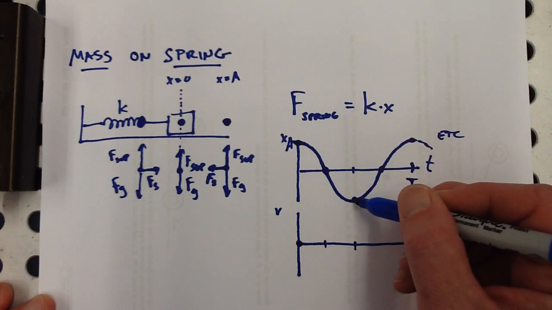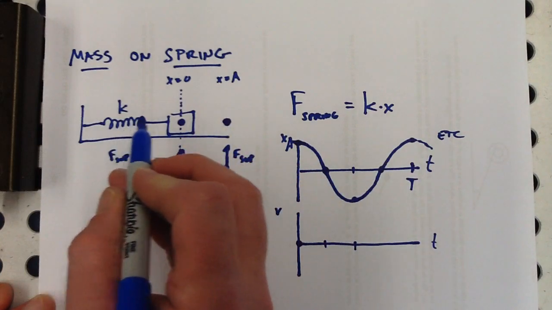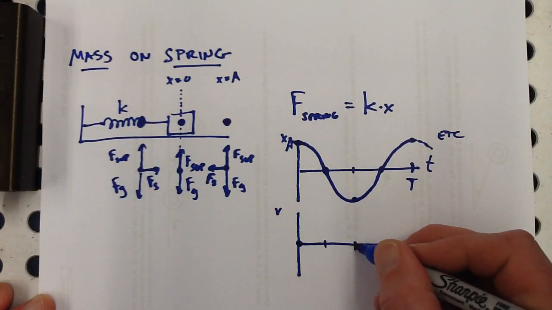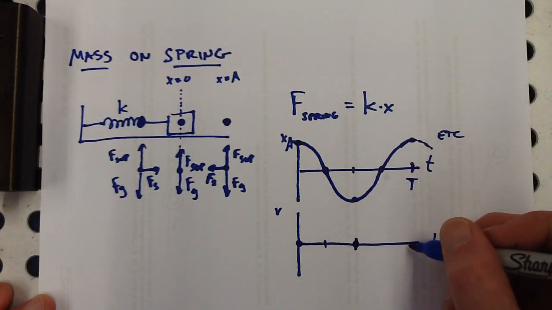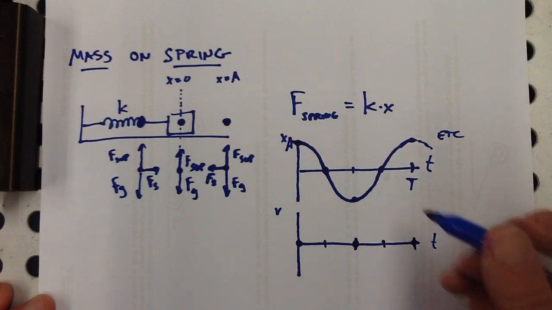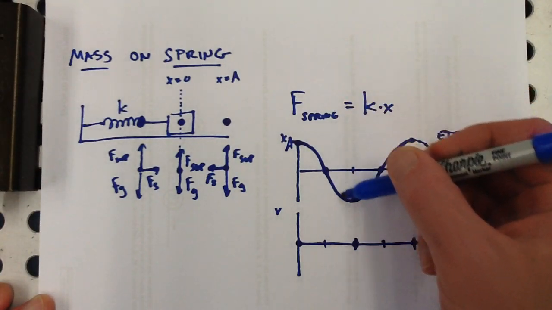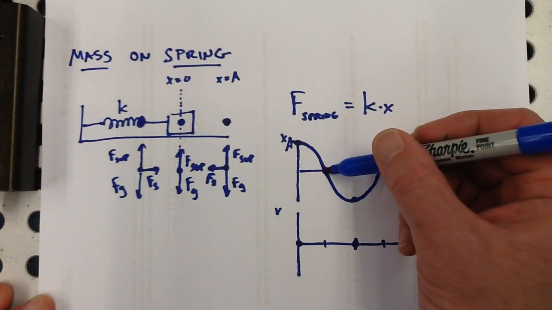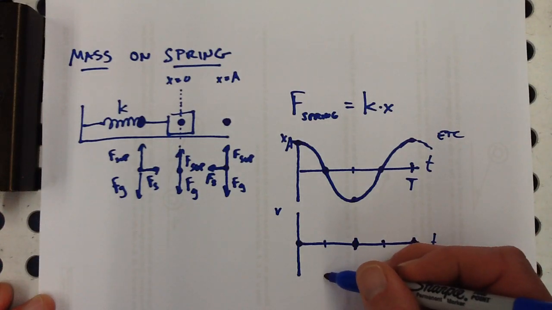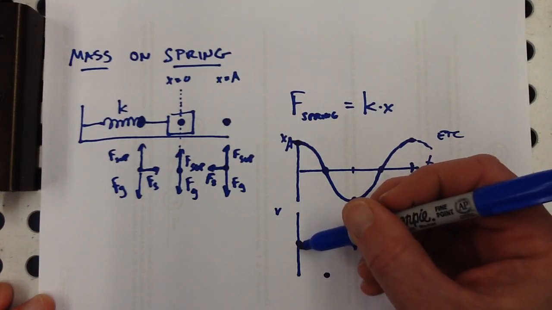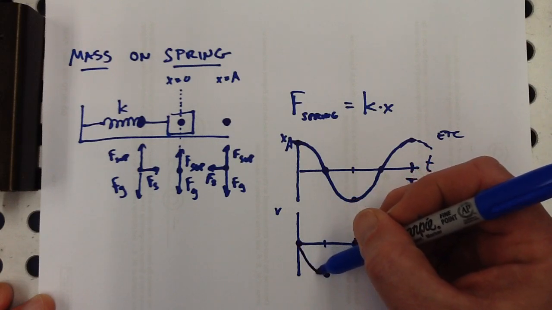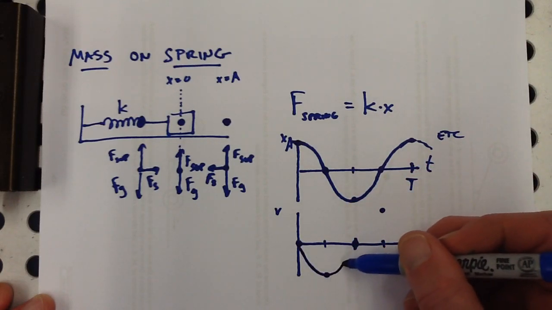And here it's turning around, going from the negative direction back to the positive direction, so as it turns around there, it has to have a velocity of 0, and then likewise again here. And it starts out going in the negative direction, and here it has maximum negative slope. So that's going to look like this.